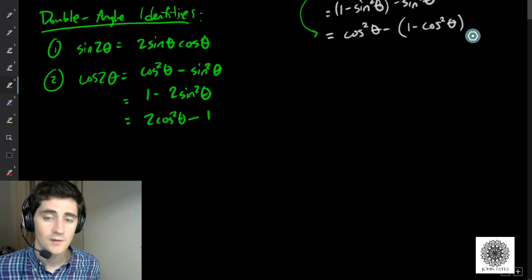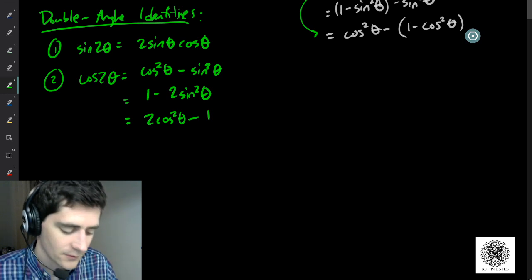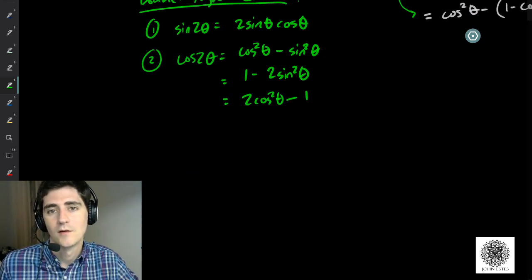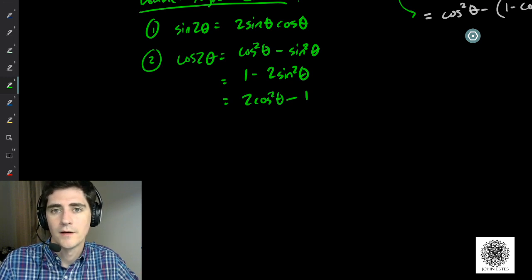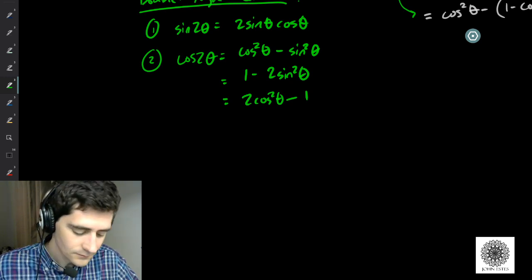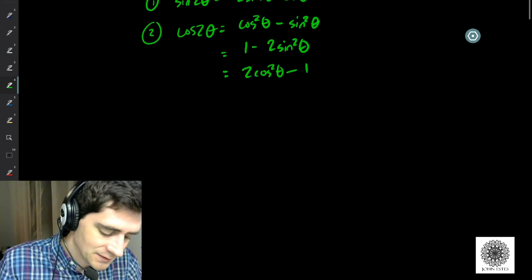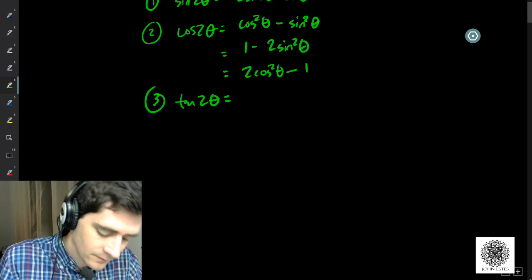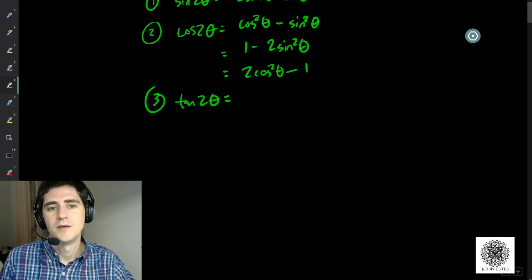So cosine 2 theta has 3 different forms, and depending on the context, one could be maybe more useful than the other. Okay? All right, now the third one, tangent 2 theta. Well, remember tangent of a plus b was what?